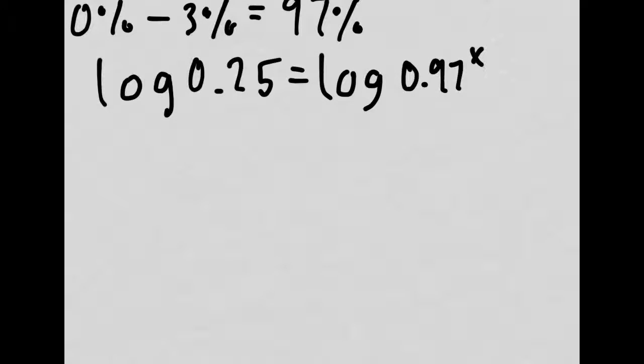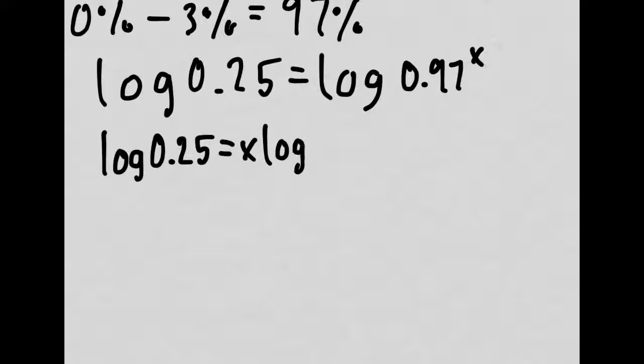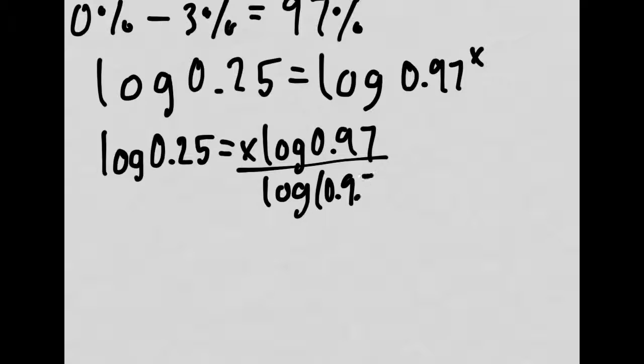Then what we're going to do is bring the x down as a power. So it's going to be log of 0.25 equals x log of 0.97. And finally, since I want to isolate the x, I'm going to divide by log of 0.97 on both sides. Divide on this side too, log of 0.97.